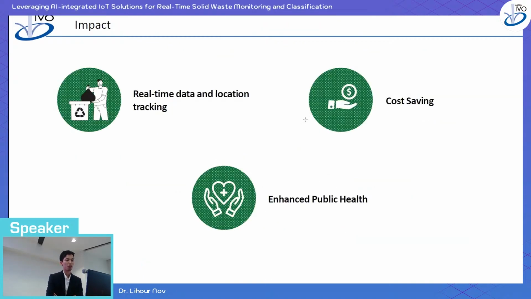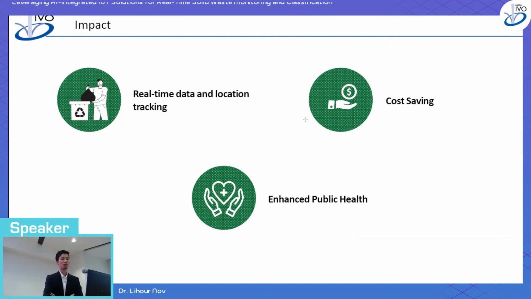For the impact of the project, as I mentioned, we want to enable real-time data classification and tracking, in order to track the status of the trash bin, whether it is overthrown or not, and whether the trash collector needs to collect it or not. So we need the trash level information and also the location of the trash bin.